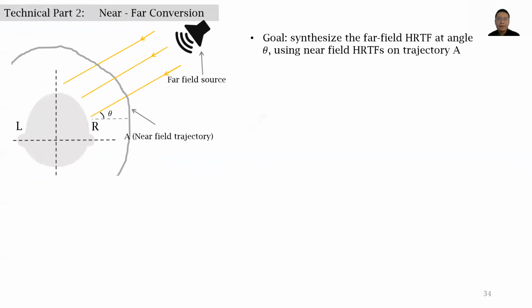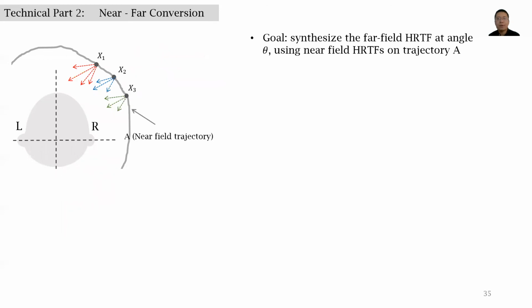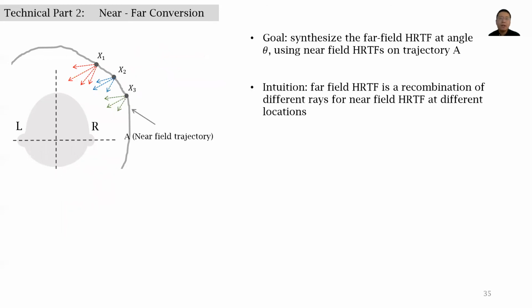So our goal is that we want to synthesize the far-field HRTF at angle theta using the near-field HRTF measurements that we have on the trajectory A. So our intuition is that far-field HRTF is actually a recombination of different rays of near-field HRTF at different locations.